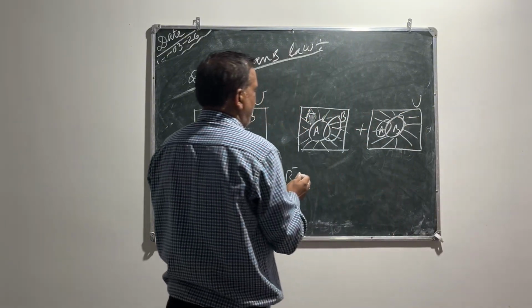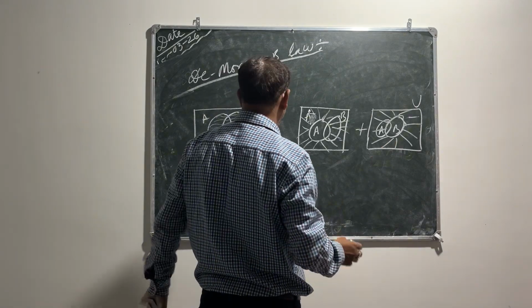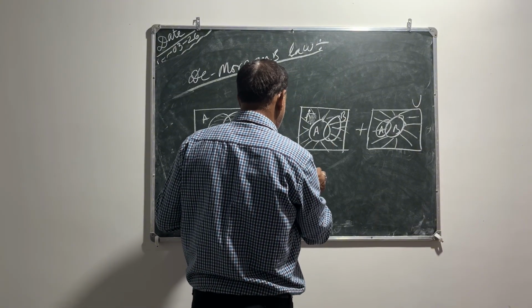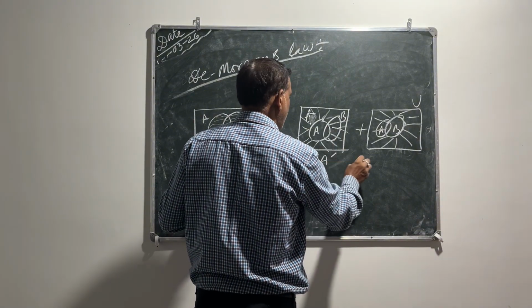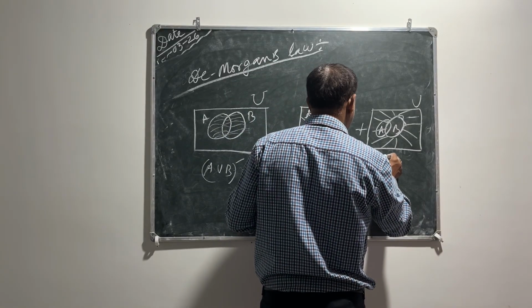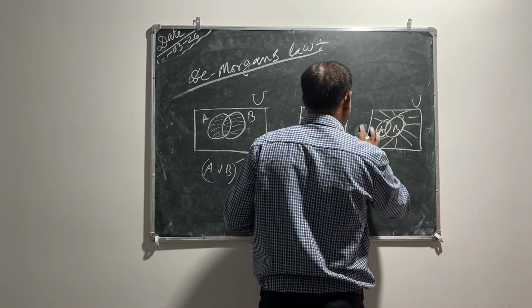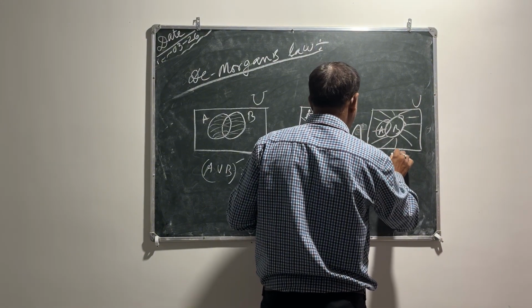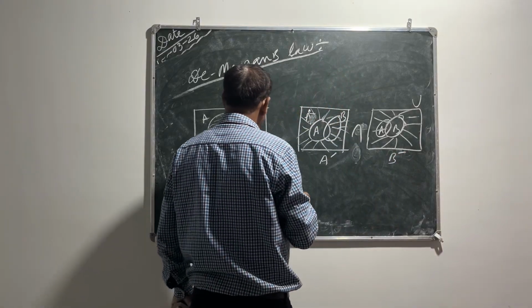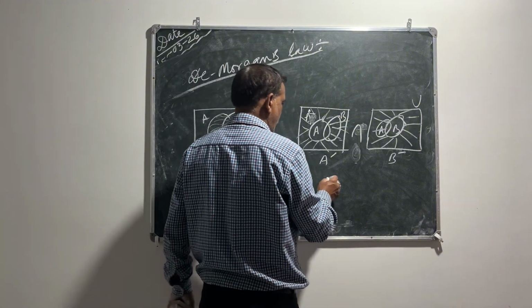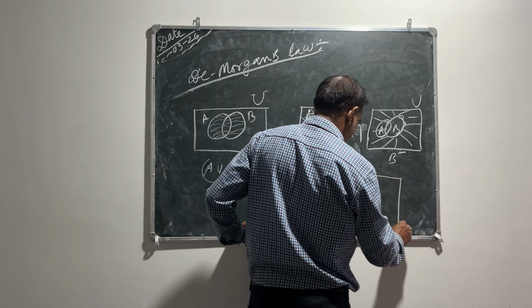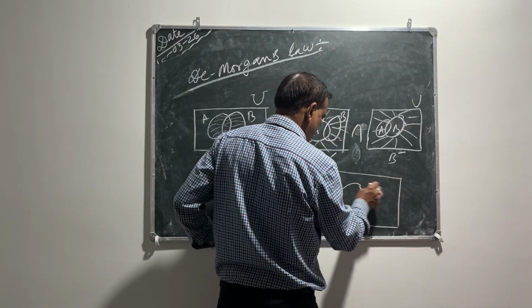So complement of A intersection complement of B. Their combined intersection will be the common region.